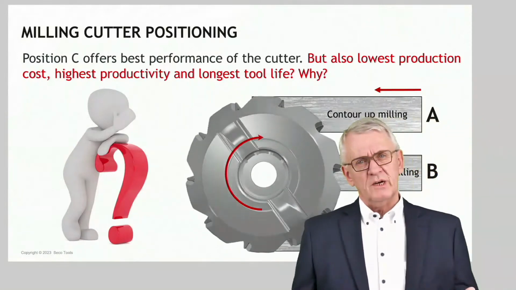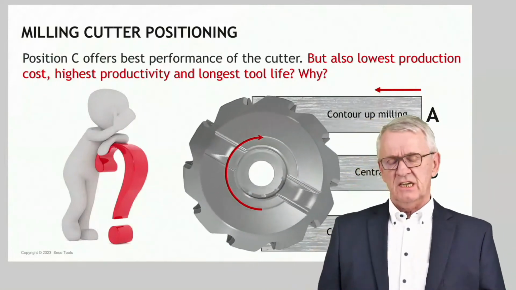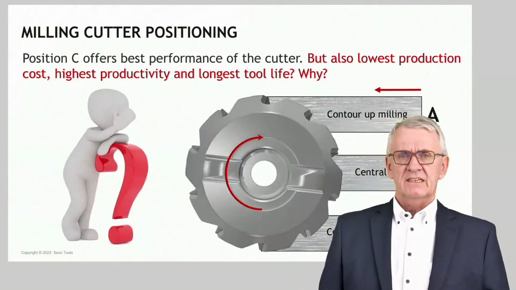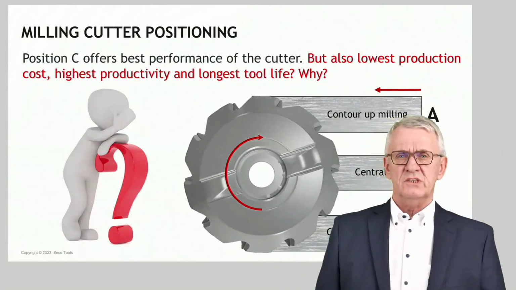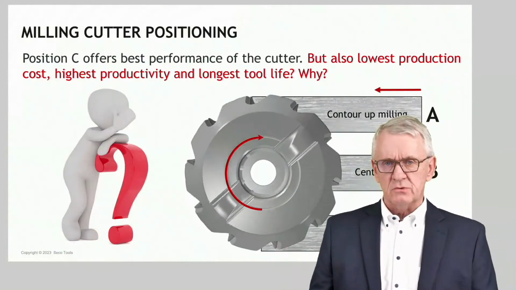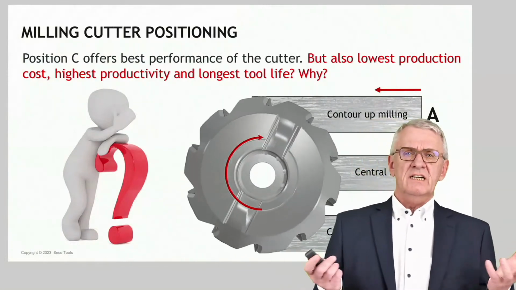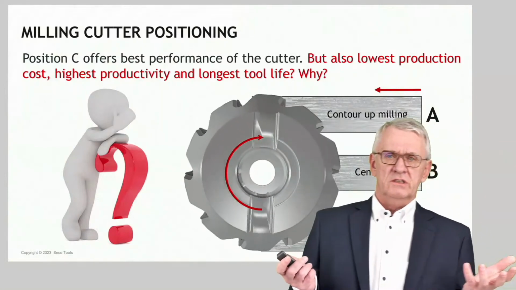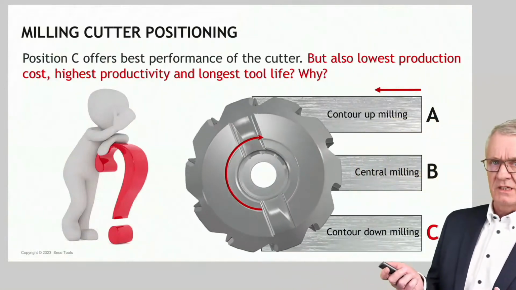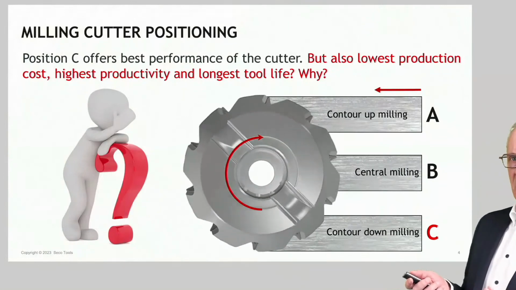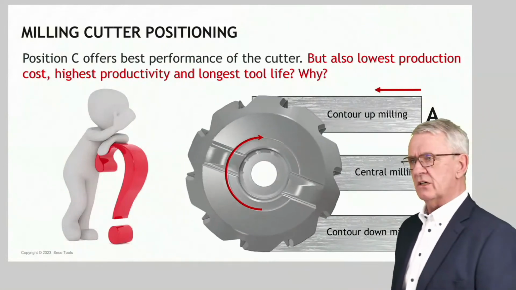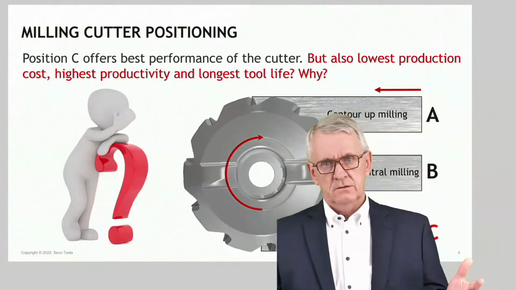And we talked about exits and entries, and how chips are formed, and vibrations. We came to the conclusion that option C in this picture, side milling, down milling, for the performance of the milling cutter is best.